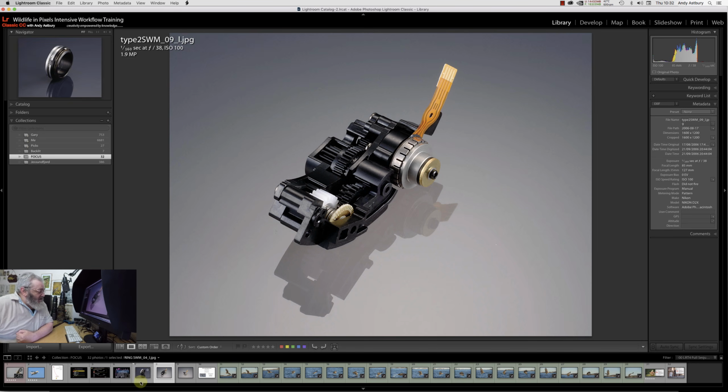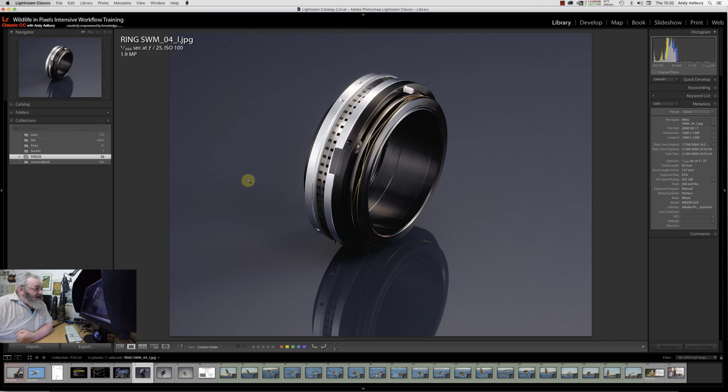The third type of autofocus motor is this, and it's commonly referred to as a ring motor, and it's only got two parts to it, so it's a lot more precise, a lot faster, and a lot more reliable. Not prone to wear.